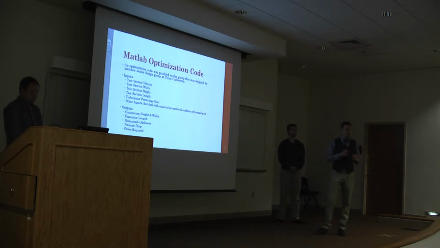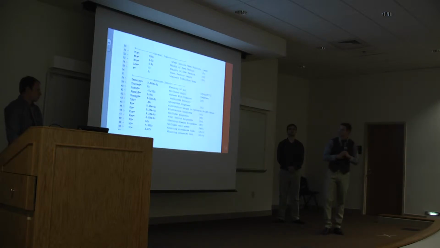There are other inputs that you put in depending on what material you select for your wind tunnel. The outputs that it gives you are a contraction height and width, the expansion length, and the honeycomb thickness, so your air straightener, how thick it needs to be to get a turbulence percentage that's low enough, your pressure drop across the entire wind tunnel, and then the power required to pull the air through the wind tunnel.